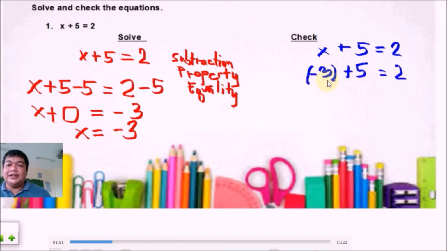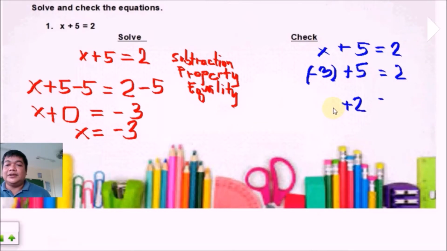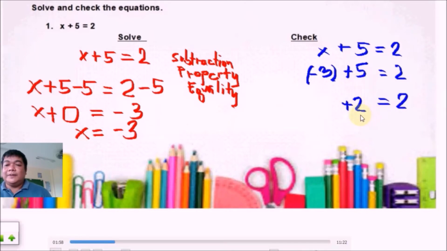Negative 3 plus positive 5 is equal to positive 2, or 2. So in this case, 2 is equal to 2. So we can say that negative 3 is the value of x for this equation.